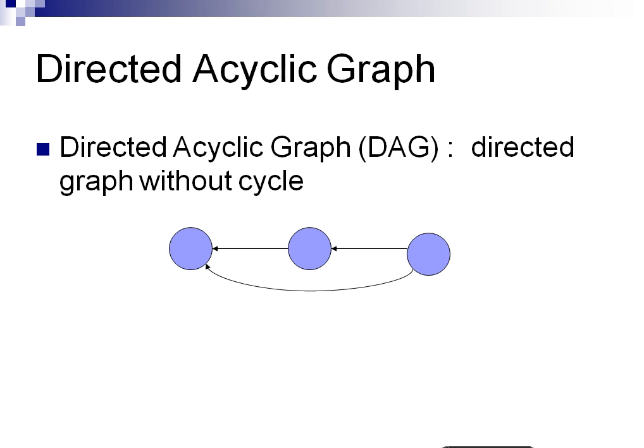We have another type of graph, that is directed acyclic graph. Now the difference between a general graph and a directed acyclic graph is that this is a type of directed graph without any cycle. So here you will be having an edge pointing out, showing you the orientation.